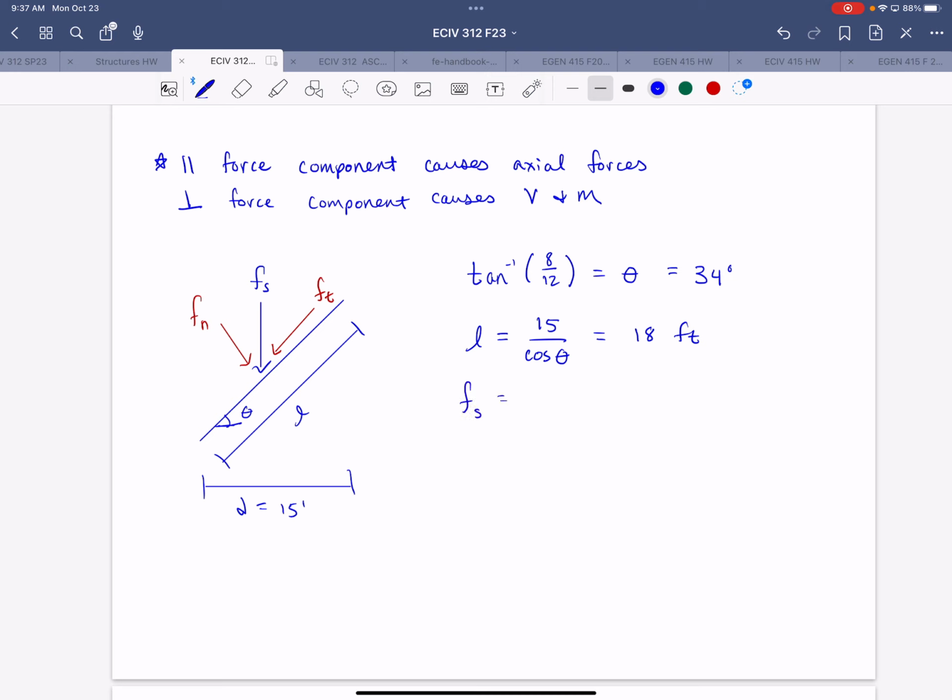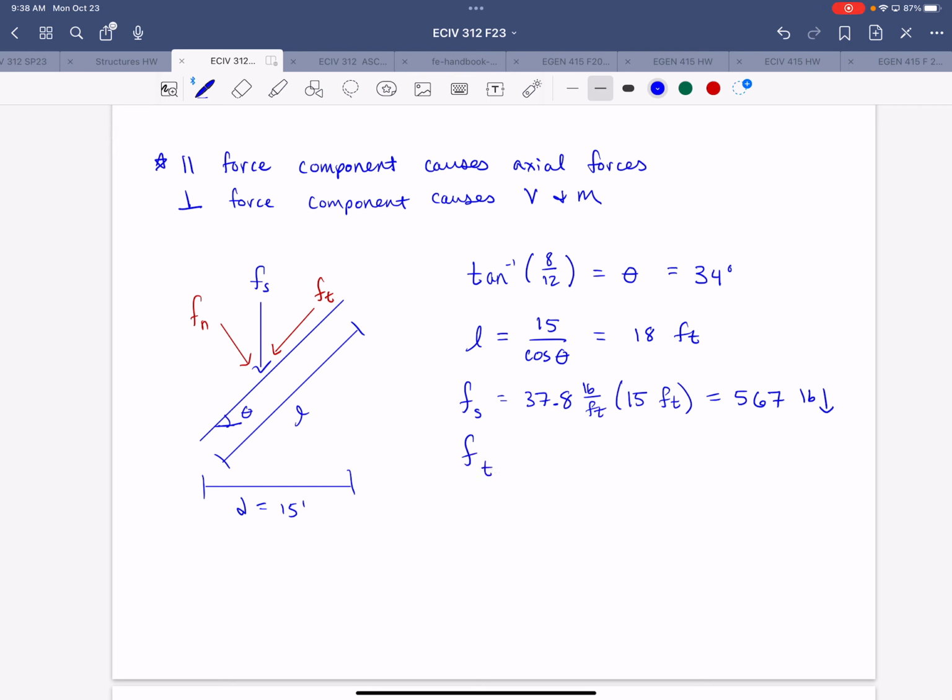The resultant snow load is just 37.8 pounds per foot times the distance over which it acts, which is 15 feet, right? Not the length, but 15 feet, the horizontal distance. And that's 567 pounds acting downward.